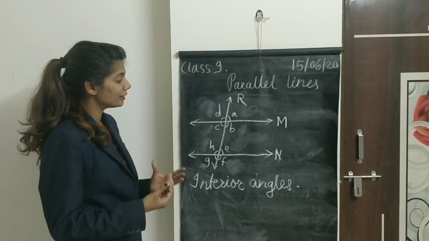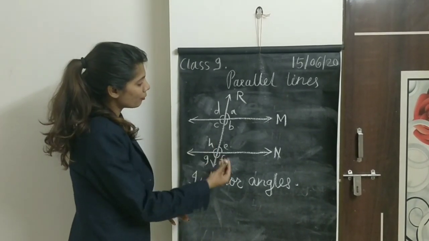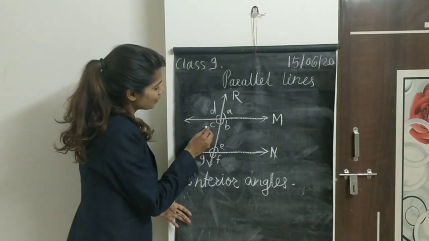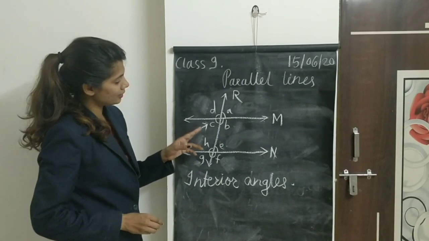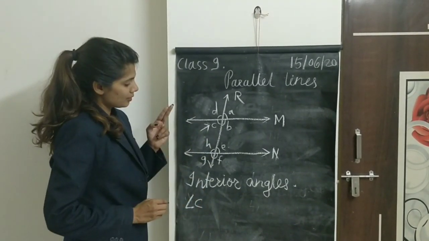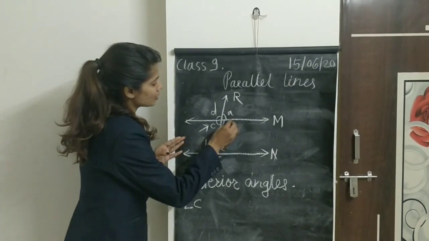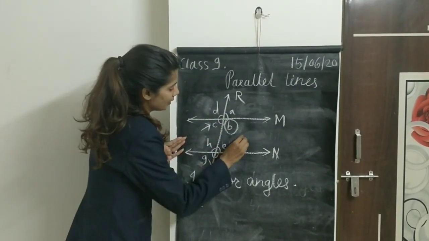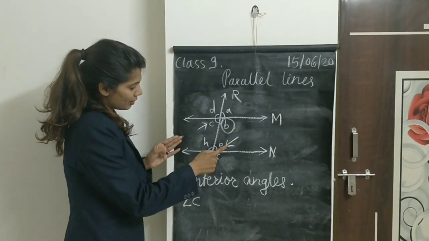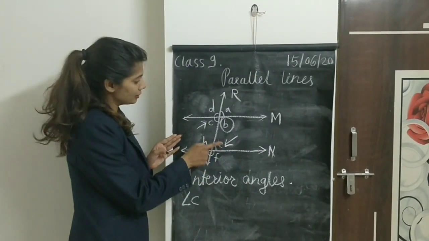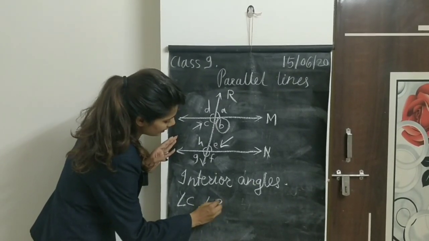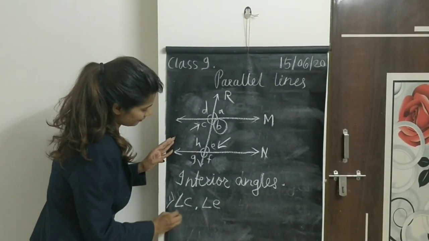If you want to find the alternate interior angle of angle C, we skip B and we get E. That means E is an alternate interior angle of C. So I have a pair, angle C and angle E. This was my first pair.